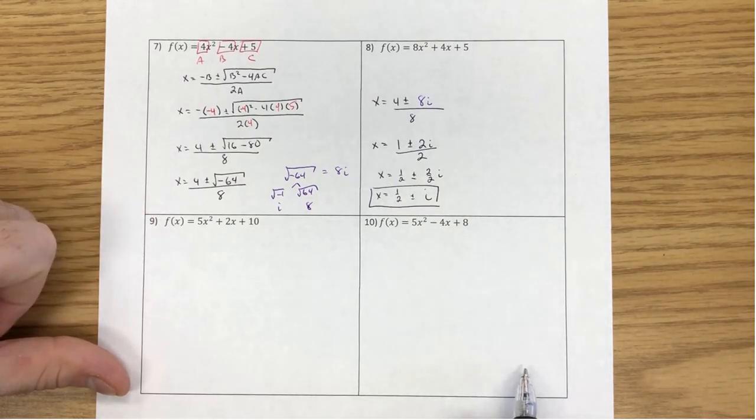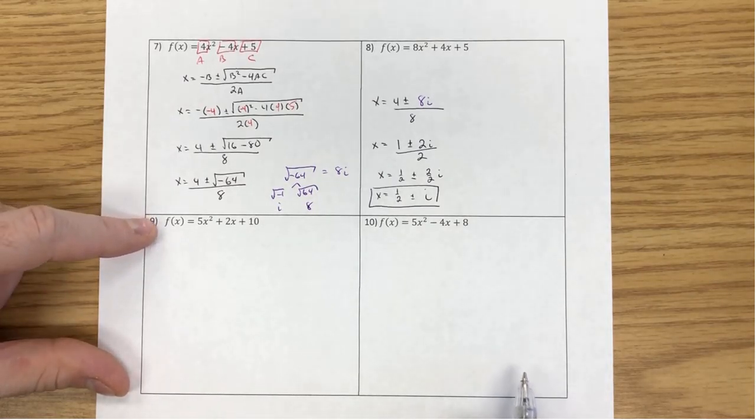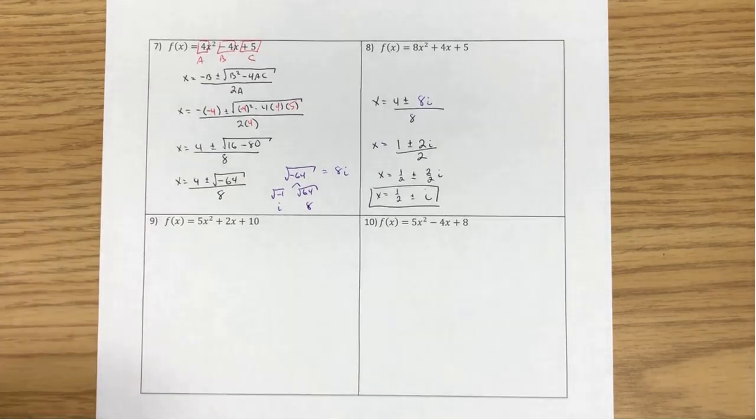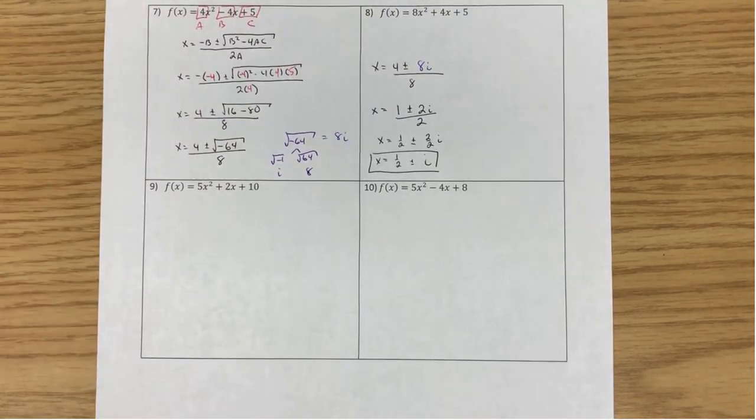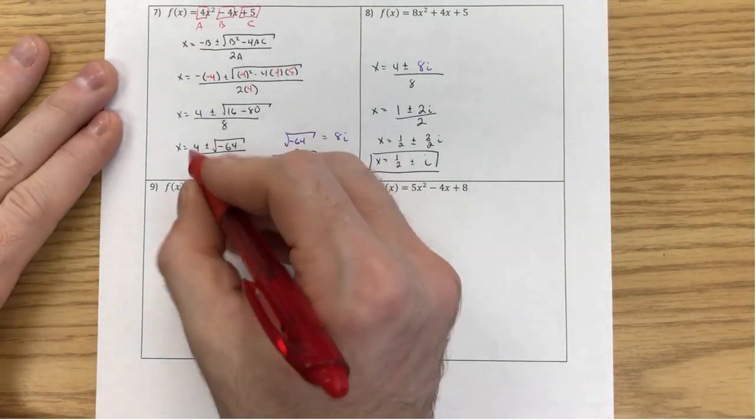Perfect. So let's take a look at this one. Last one. Pause the video, try this last one, resume it when you're done, and we'll see how you did. Okay, let's take a look.